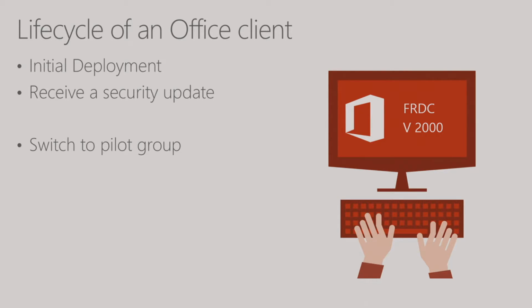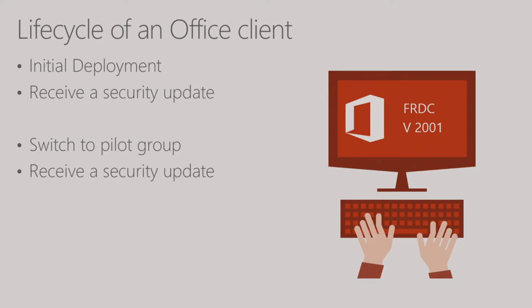So we have to deploy first release deferred channel on it and fast forward them in time to feature state 2000, so they are able to check and validate these features. So we install version 2000 on the machine. Of course, these are also serviced throughout, so they also receive security updates every month. So we must make sure that we can also update these clients. And as I said, a device may be in use for 3, 4, 5 years.